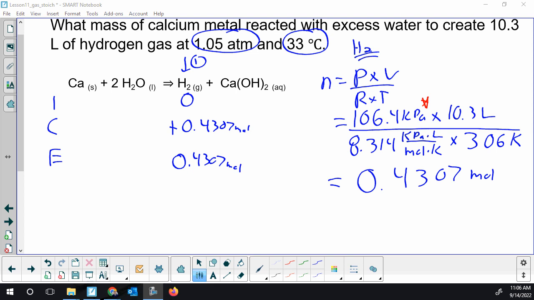So with the correct kilopascals, you got the moles, and it's fairly straightforward to finish.